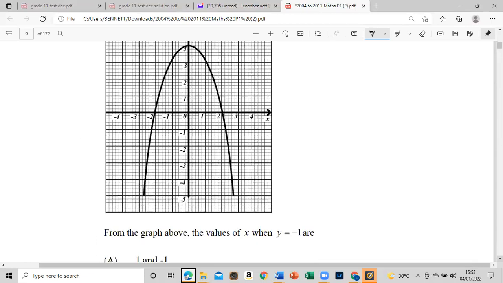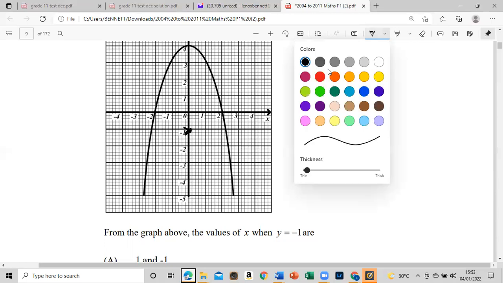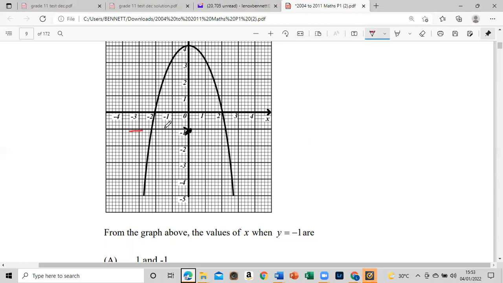From the graph above, the value of x when y equals negative 1. Alright, so when y is negative 1, first we find negative 1. So the line here, I put it in a different color, red. So we're actually searching for this point here.